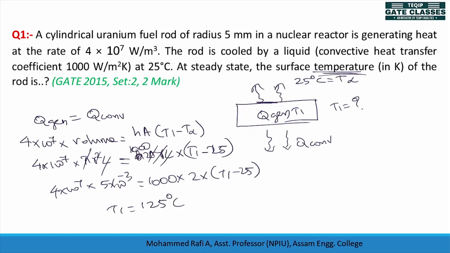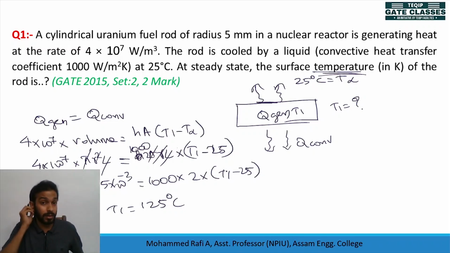Like you may know, for the GATE exam there are different types of questions: multiple choice questions, numerical type questions, or multiple answer questions. If it was a numerical type question and you have been asked to give the answer in Kelvin, but you got the answer in degree Celsius, you have to add 273.